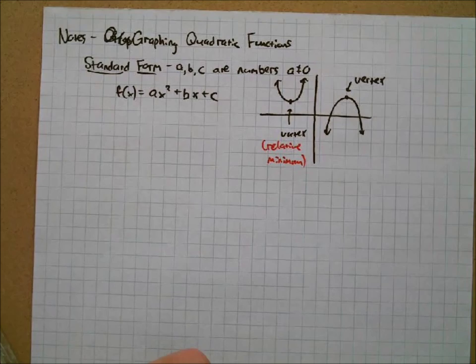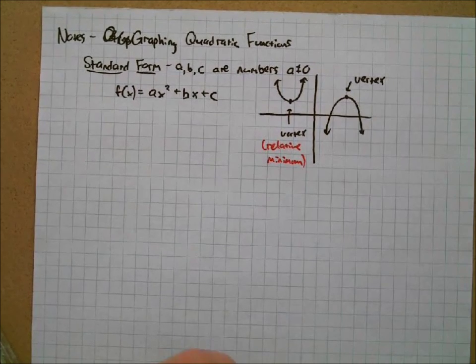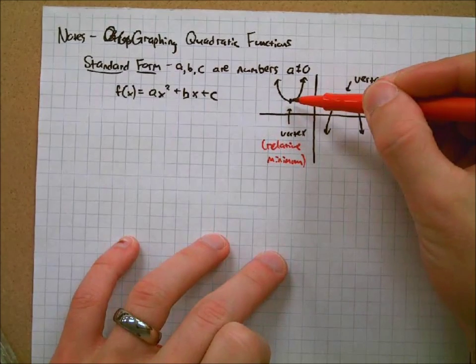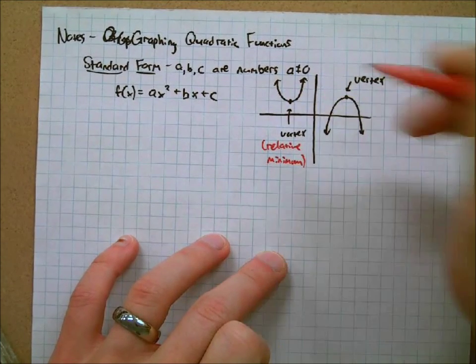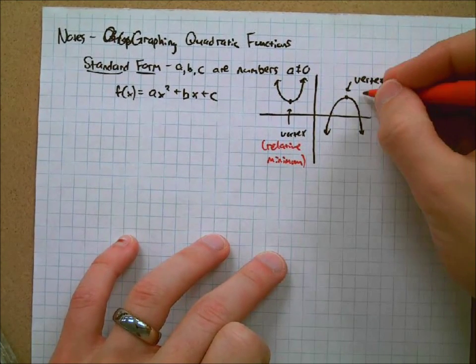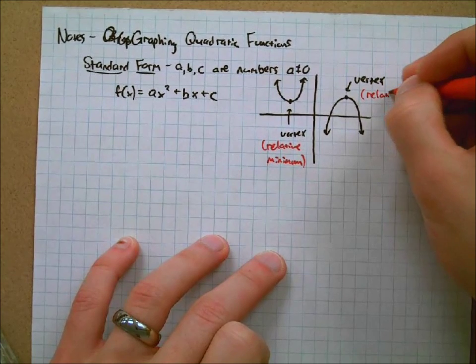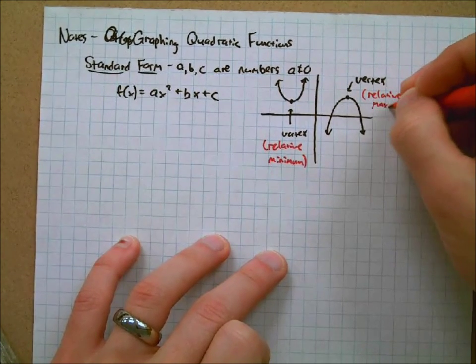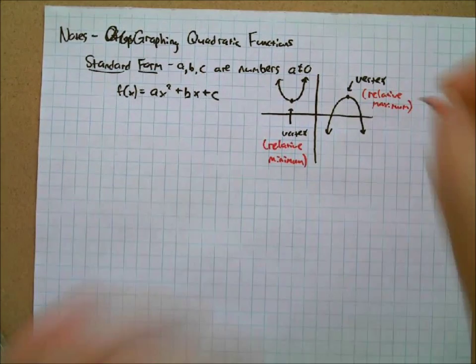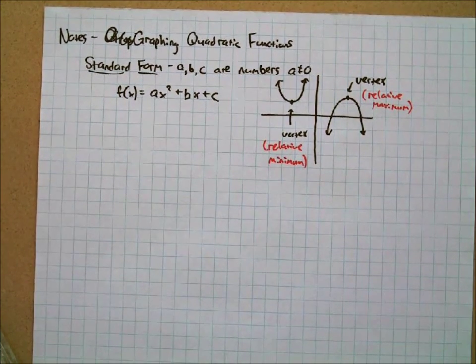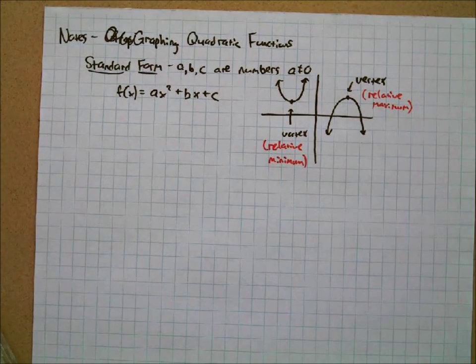It's also an absolute minimum, as in it is the absolute lowest point of the graph, right? Whereas the vertex here, we could call it a relative what? Maximum. Yeah, that's right. Or we could call it an absolute maximum as well because it is the highest point on our graph. We'll talk more about what relative means a little later when we graph polynomials, and it'll make more sense. So just understand those are other words we could use.